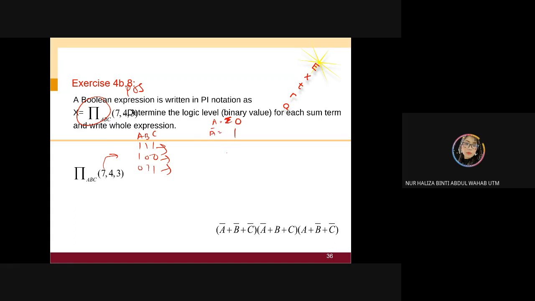Then I have A bar plus B bar plus C bar. Here I get A bar plus B plus C. Here is A plus B bar plus C bar. So I combine it together, I get my POS.